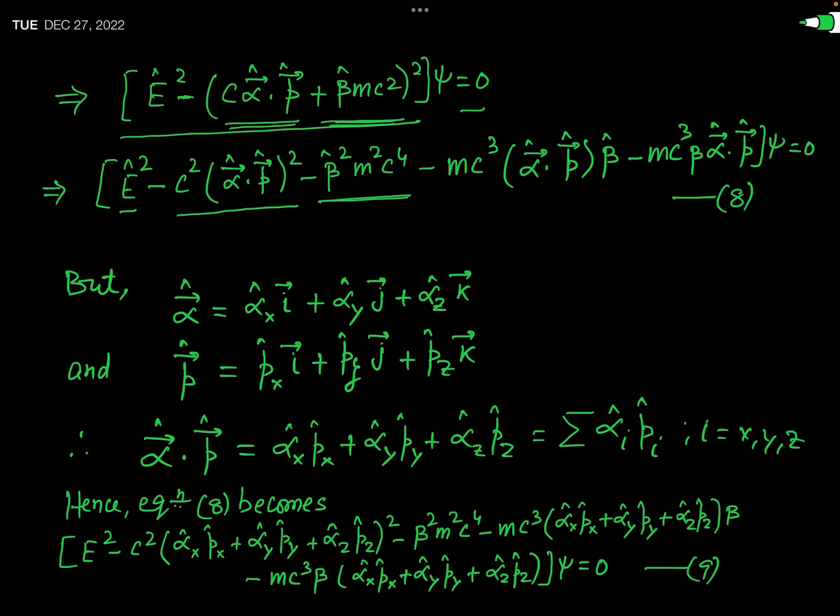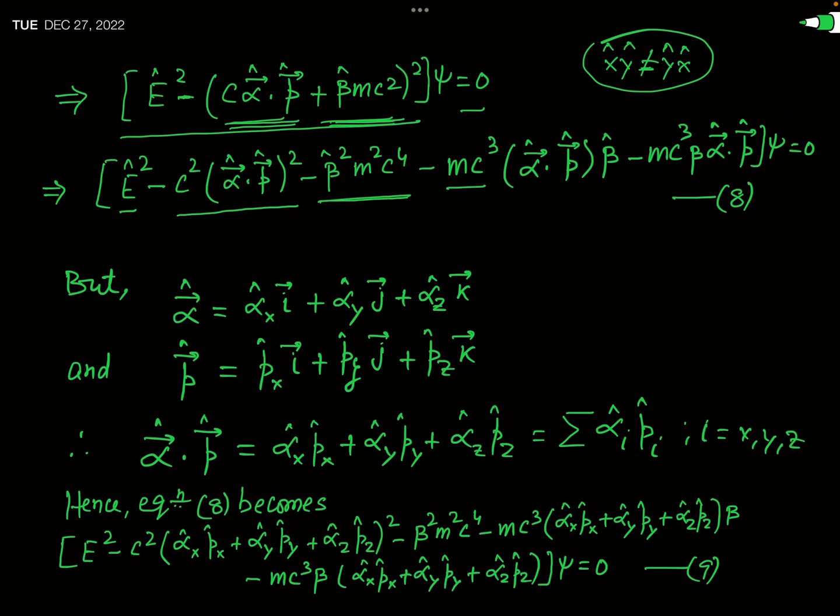If x times y is written as y times x, that is correct for numbers, but if these are operators, then they may or may not be equal. So order must be followed here. First of all, we operate C alpha dot P on beta MC square. These are scalar multiplicative factors, so write them first.